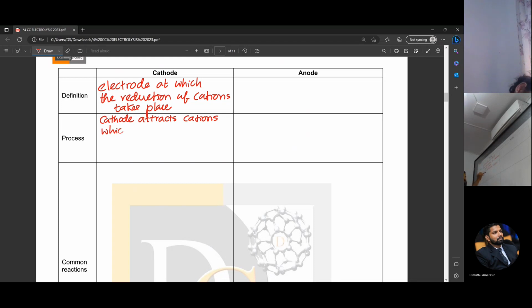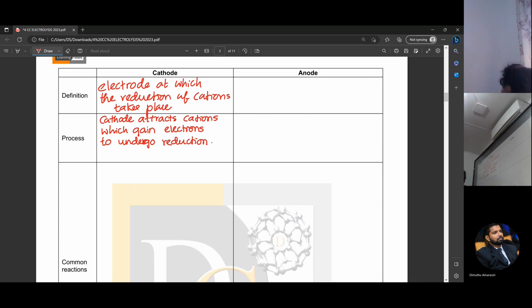Which gain electrons to undergo what process? To undergo reduction. So the process: the cathode attracts cations which gain electrons to undergo reduction.